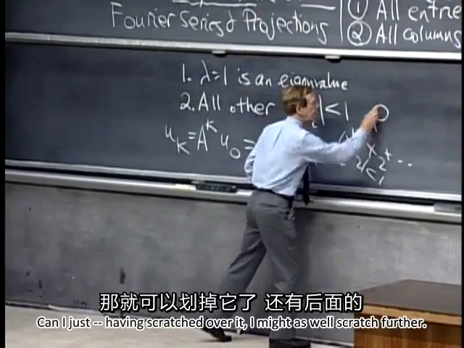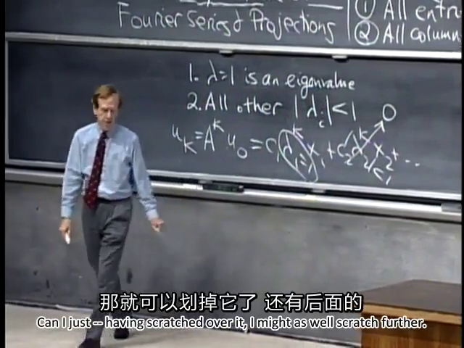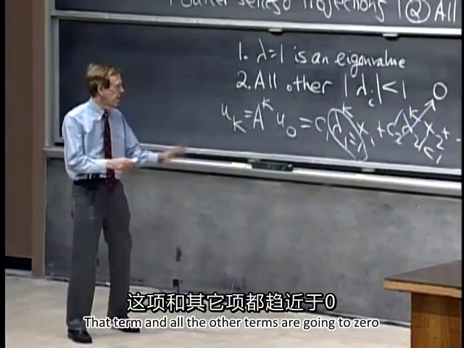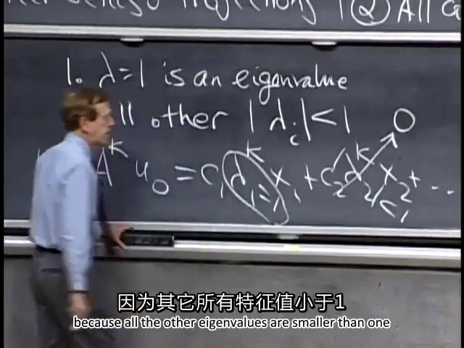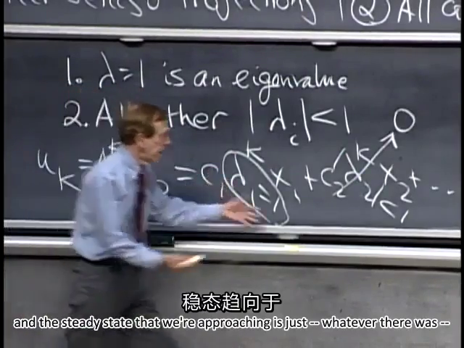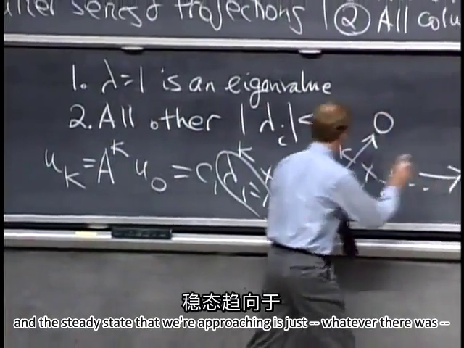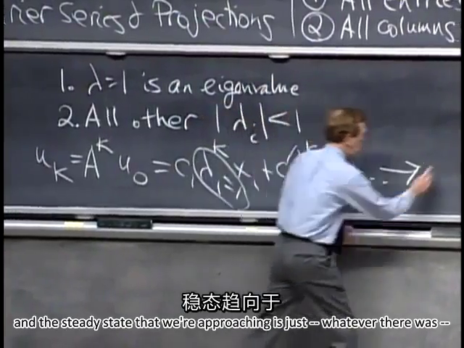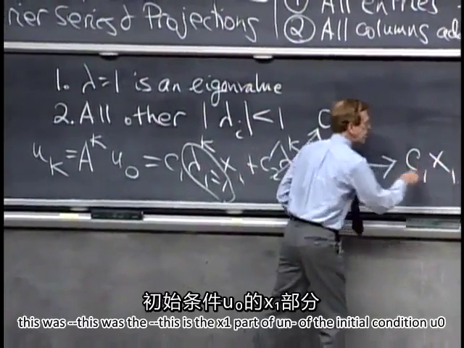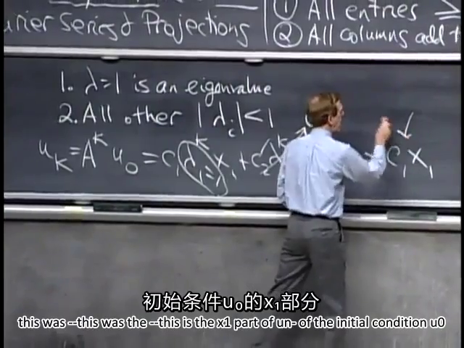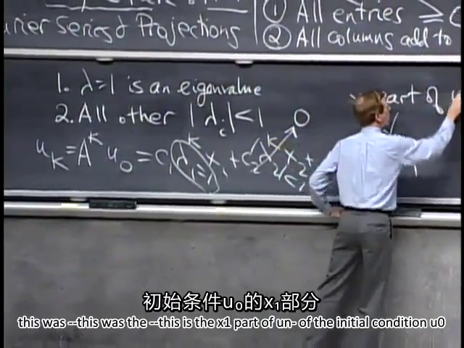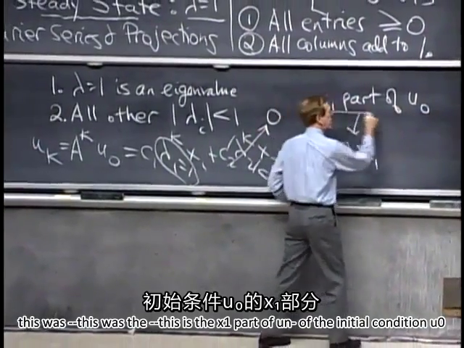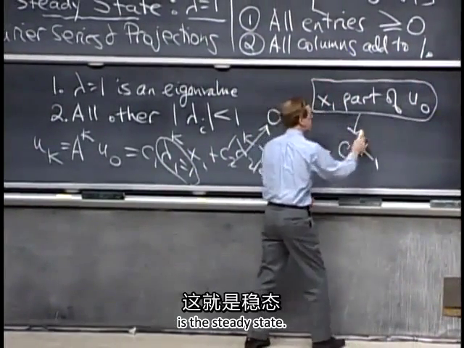That term and all the other terms are going to 0 because all the other eigenvalues are smaller than 1. And the steady state that we're approaching is just whatever there was. This is the x1 part of the initial condition u0, and that is the steady state.